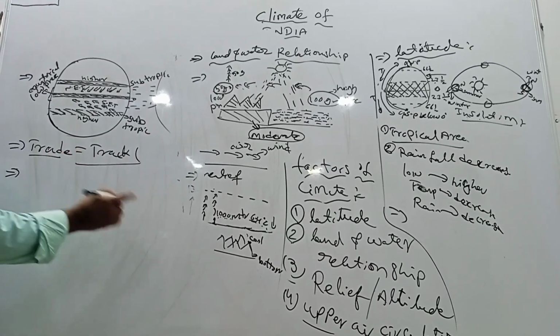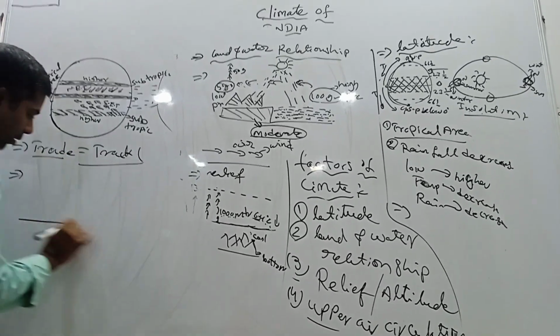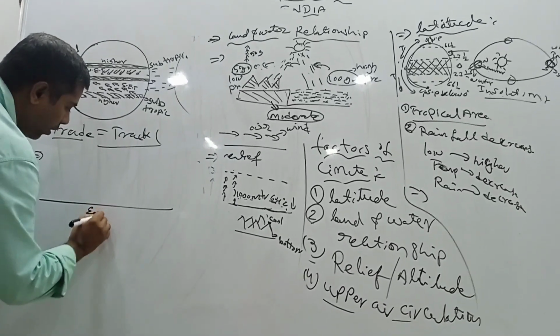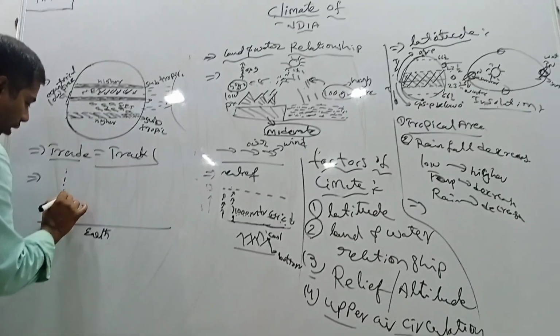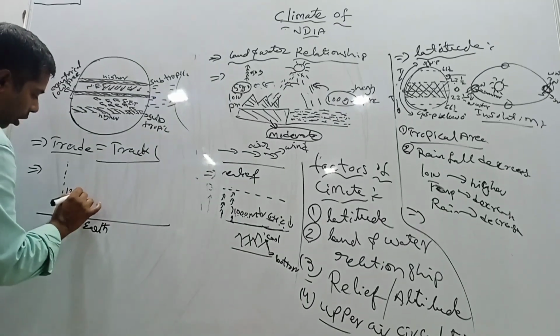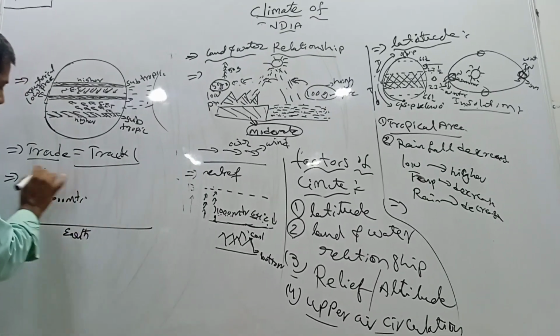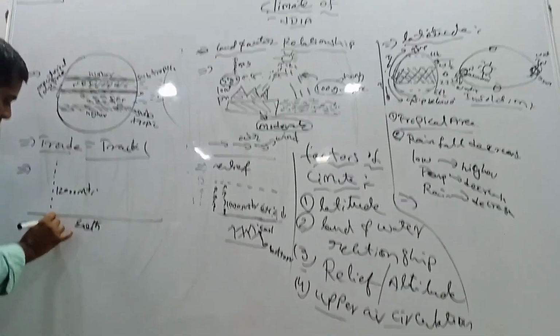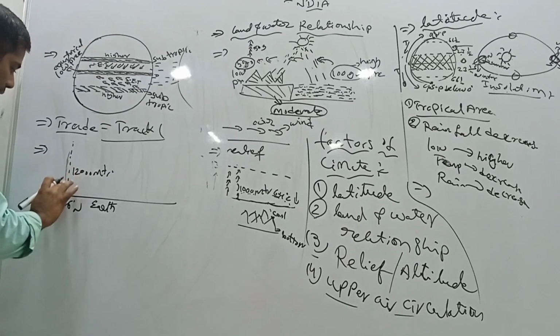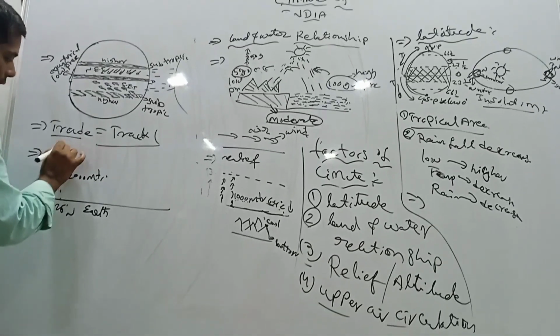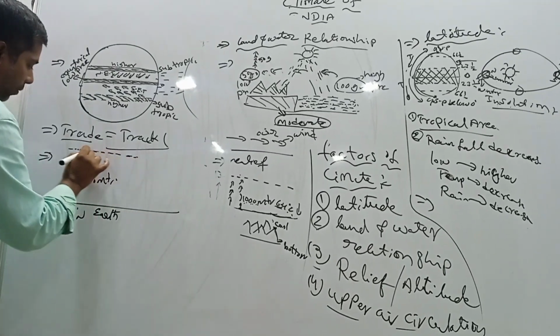Next, upper air circulation. This is the earth. From the earth's surface, at 12,000 meters height at 25 degrees northern latitude, one wind is blowing from the east.